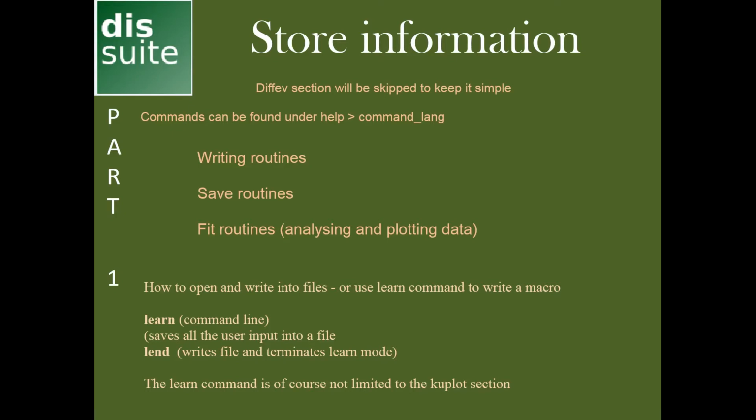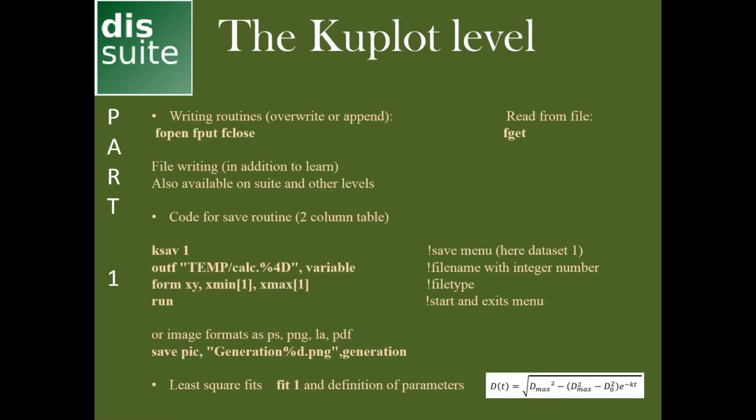However, there are also other possibilities how to write into files. One is, for instance, the fopen, fput, fclose series. This means when you want to open a file, you write fopen, fput then allows you to add new lines into this file. You either can overwrite the file or append to the file, so you can look at the help section to find out how that works.